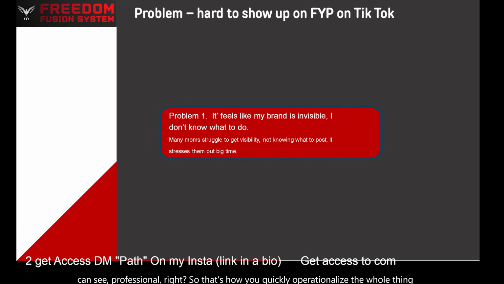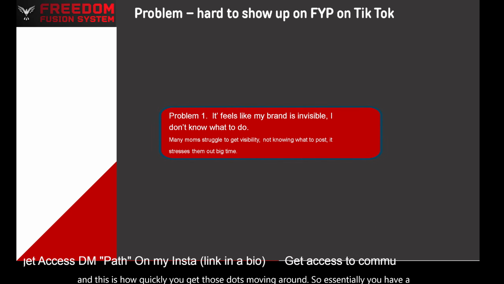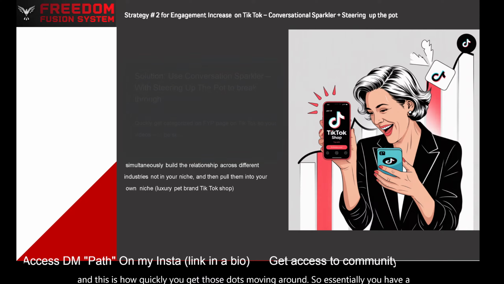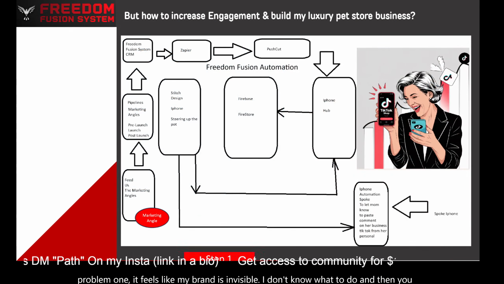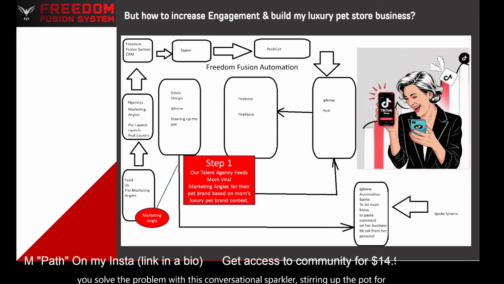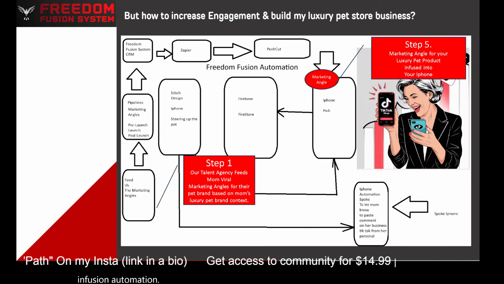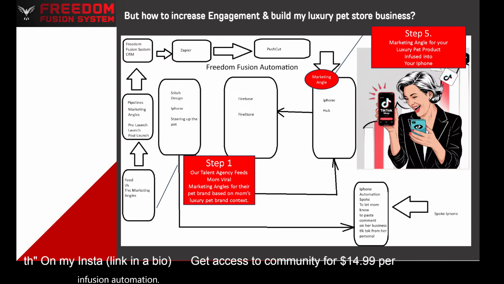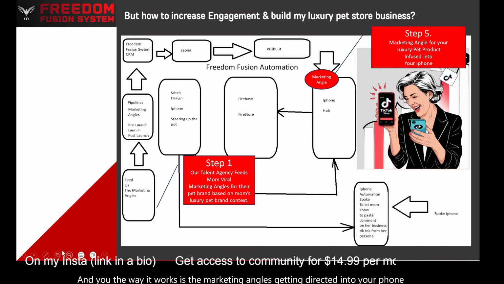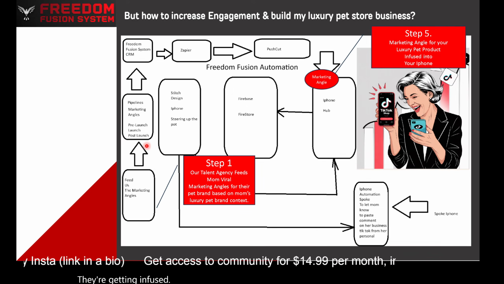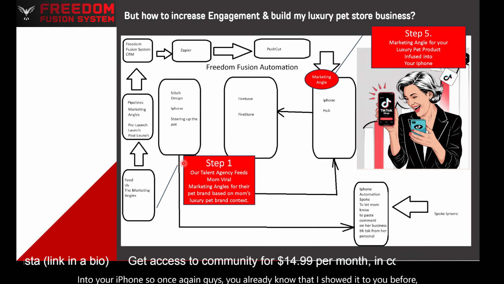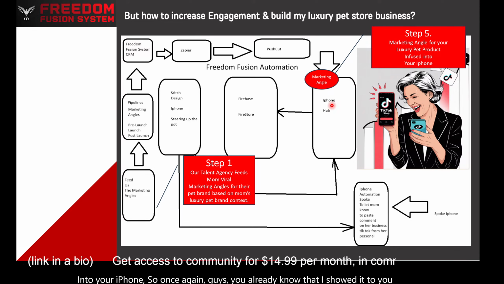Essentially, you have problem one: it feels like my brand is invisible, I don't know what to do. Then you solve the problem with this conversational sparkler, stirring up the pot Freedom Fusion automation. The way it works is the marketing angles get directed into your phone, infused into your iPhone. I showed it to you before, but essentially we feed those marketing angles directly into your iPhone.